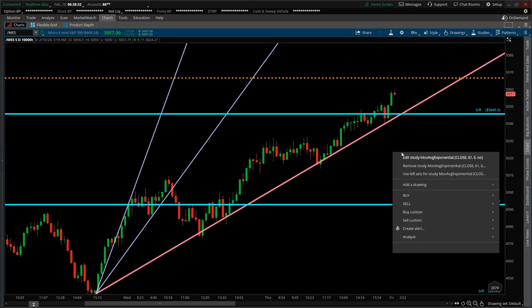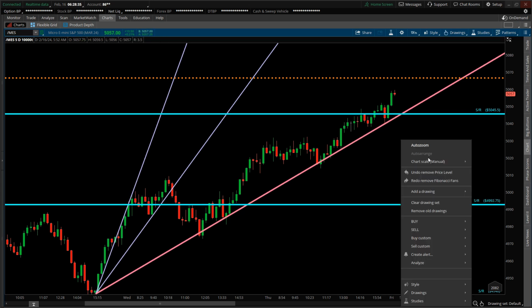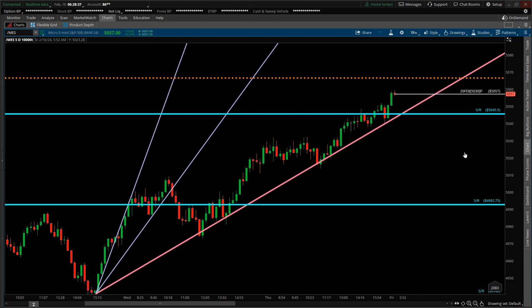So with that, a little while ago, I entered a short position using option contracts that will be expiring next Tuesday, February 20th. And the strike price I selected, relative to its current spot price, is 5,030, which is slightly below this local support level of 5,045.